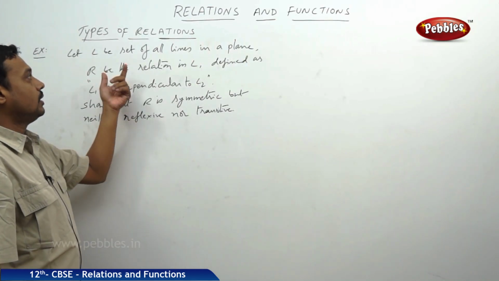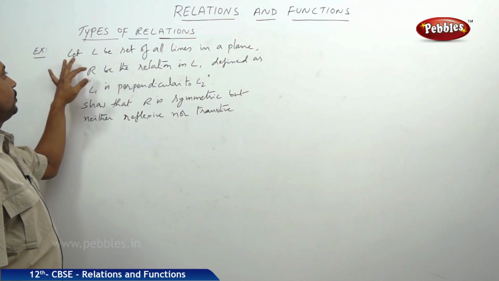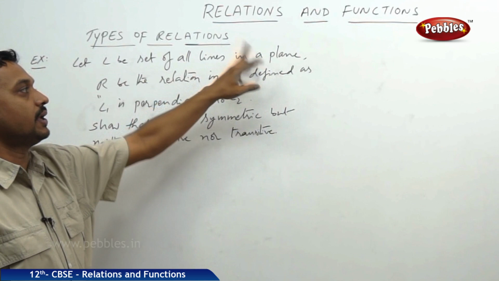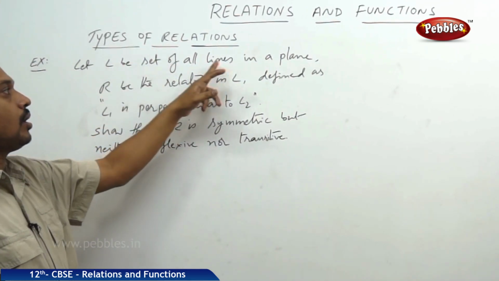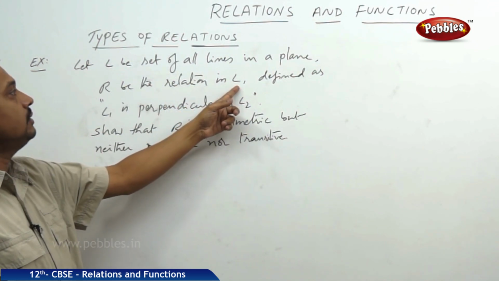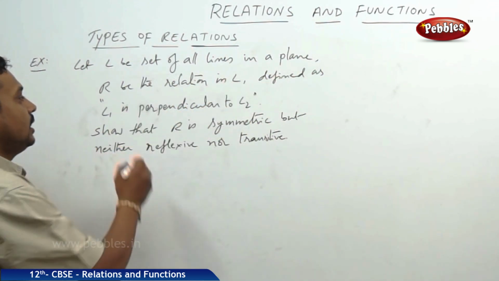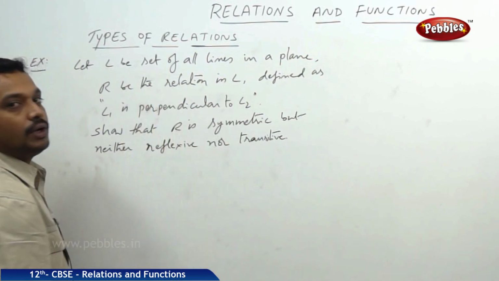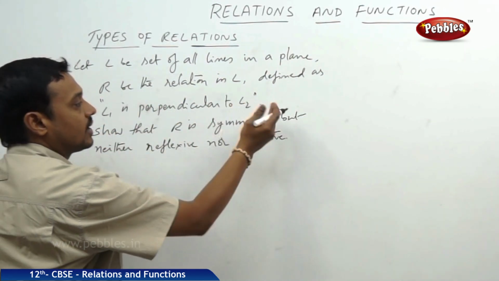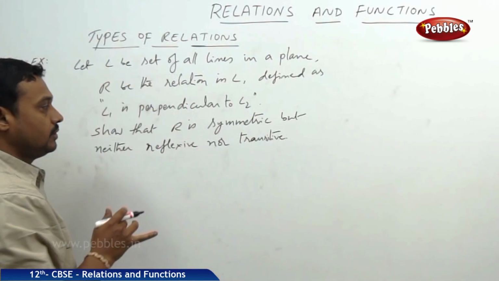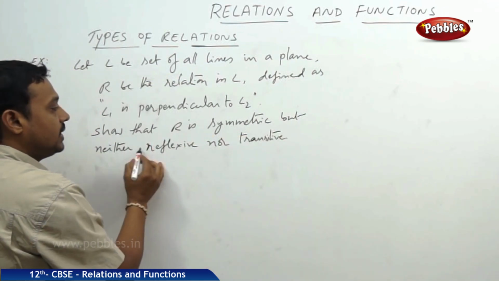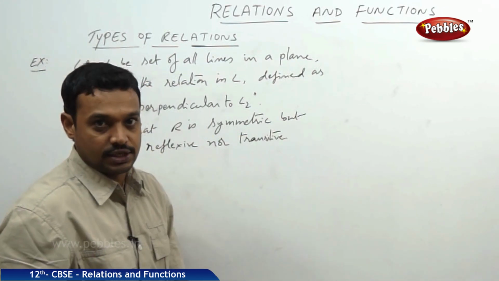Okay. Now, let us consider one more example. Let L be the set of all lines in a plane, and R be a relation in L defined as L1 is perpendicular to L2. One line L1 is perpendicular to another line L2. That is the relation given. Now, show that R is symmetric but neither reflexive nor transitive.